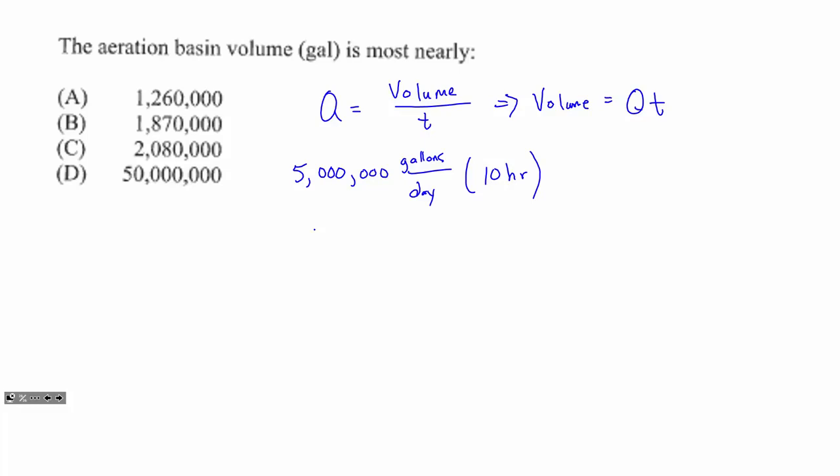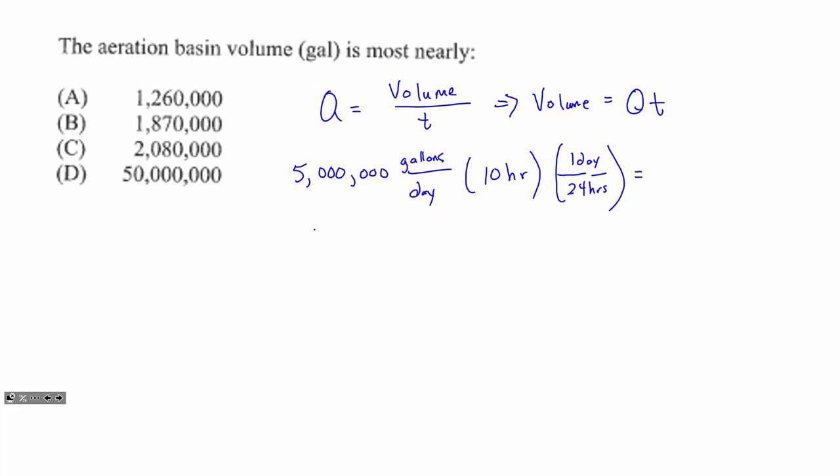One thing to notice here, and if you don't do this, you'll end up getting answer D, is that you're given your flow rate in gallons per day and residence time in hours, so you've got to make that conversion. This is an easy place to get tripped up on the conversion when you're trying to work fast. So we're going to have, sorry, 1 day over 24 hours.